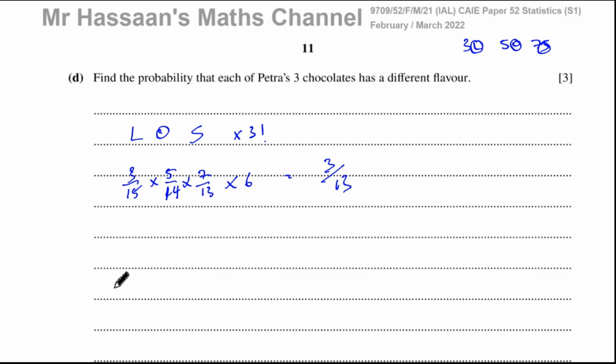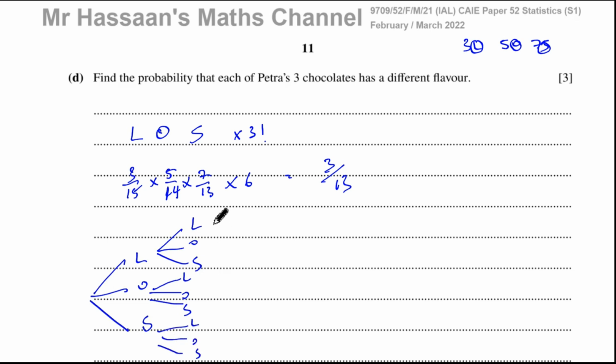If you think about it with the tree, you could do it as well, but that's going to take a long time. But just imagine you have L, O, S, and then you have L, O, and S, and again L, O, and S, and the third time as well. It's going to be a bit difficult to draw, but from here you'll have LOS and LSO.